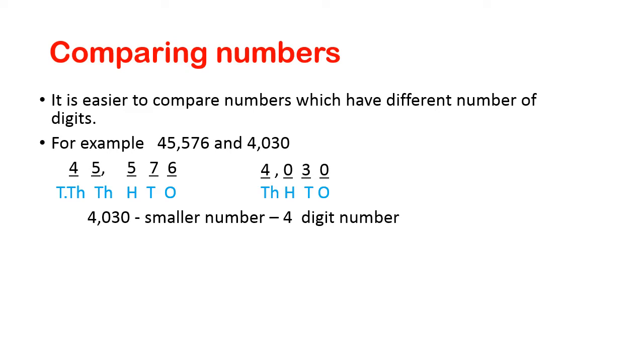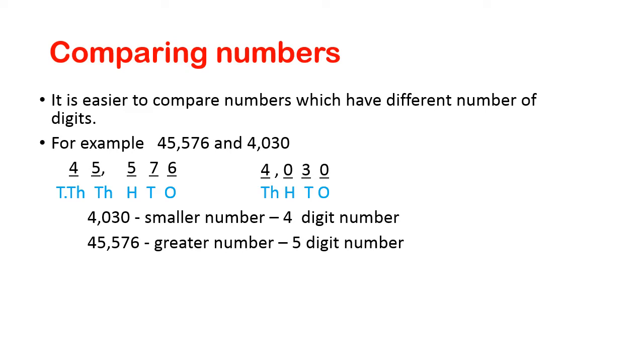So 4,030 is the smaller number because it has 4 digits. The same way 45,576 is the greater number because it has 5 digits. So whenever we compare two numbers which have different number of digits, it is easy to find out the smaller number or greater number.